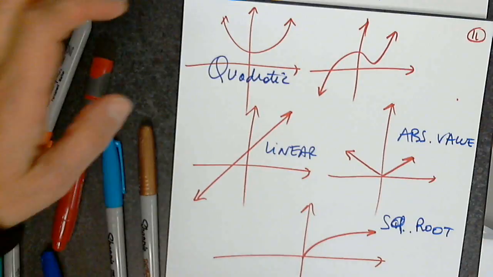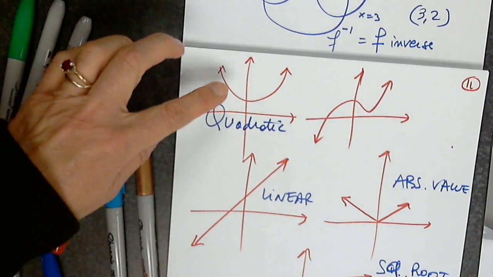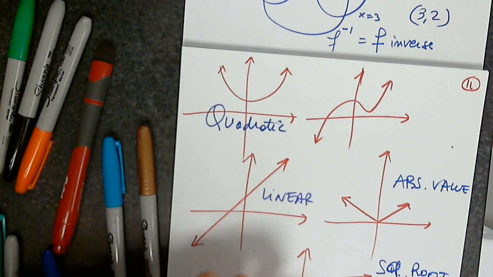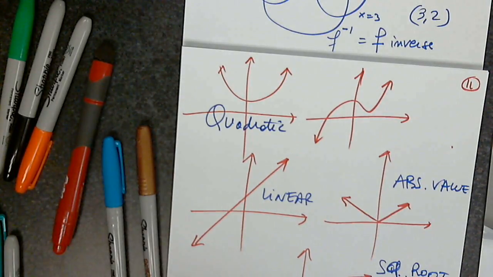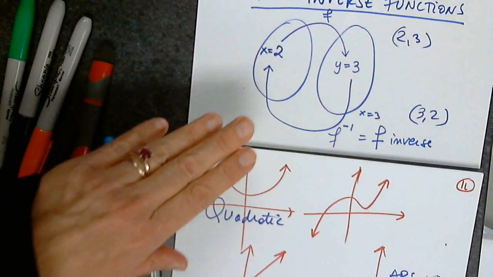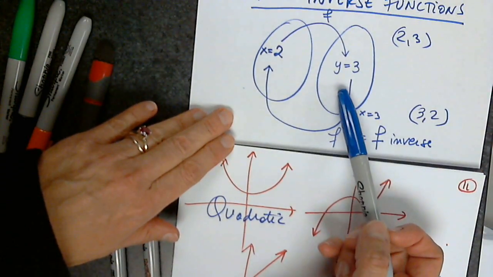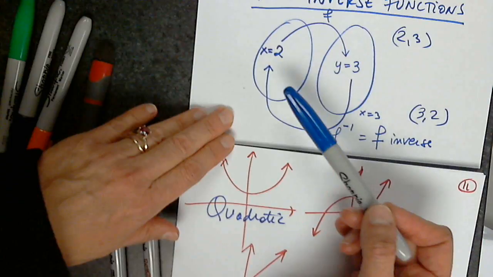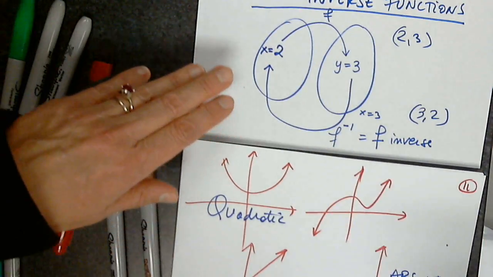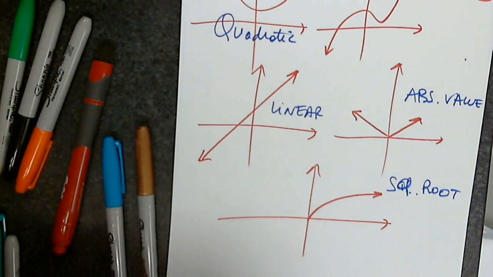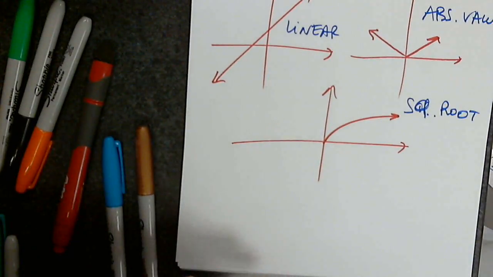Okay. Now, are all these functions? Yes. By the vertical line test, they are all functions. Now, the question is, if a function is not what we call one-to-one. I'll come back to the graphs in a second.